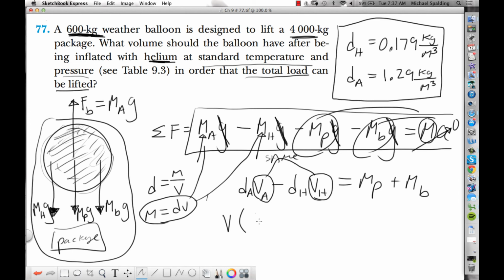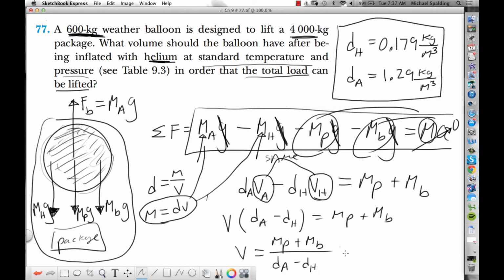So V times density of air minus density of helium equals mass of package plus mass of balloon. So volume is going to be mass of package plus mass of balloon divided by density of air minus density of helium. The numerator is going to be 4,600 kilograms.